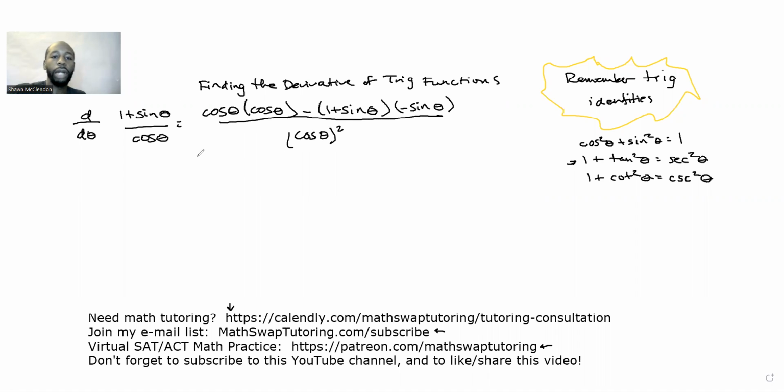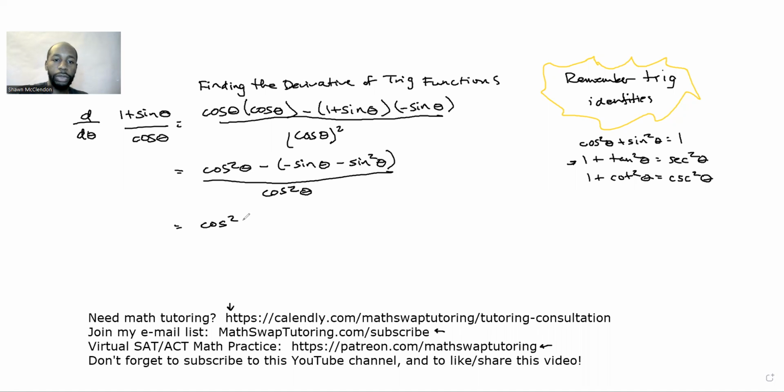All right, so now let's pull all this together. Up here, you got cosine squared. I'm going to multiply these first, and then later in another step, I'll distribute this negative. Keep track of your negatives for sure. So this is going to be minus, now let's distribute this through here. That's going to be negative sine theta minus sine squared theta, over cosine squared theta, equals cosine squared theta.